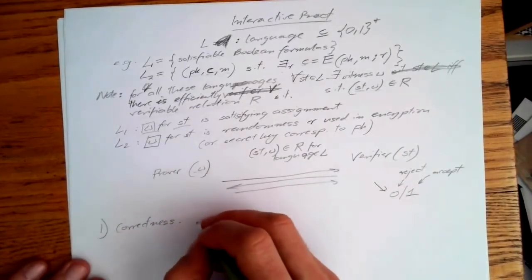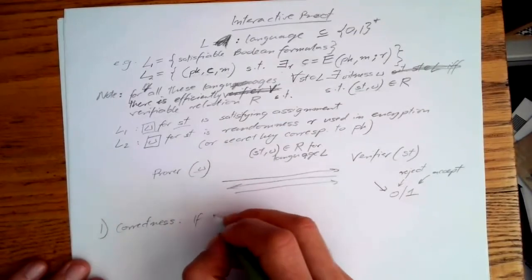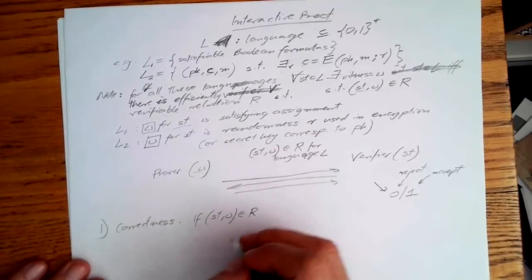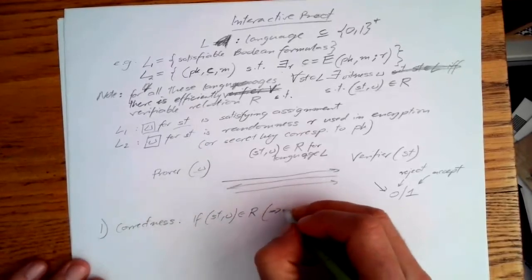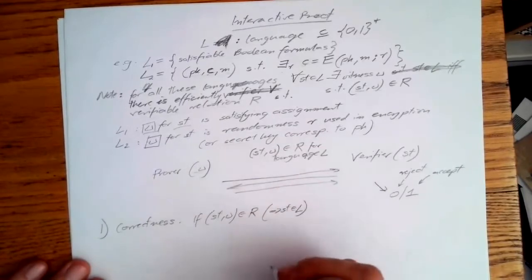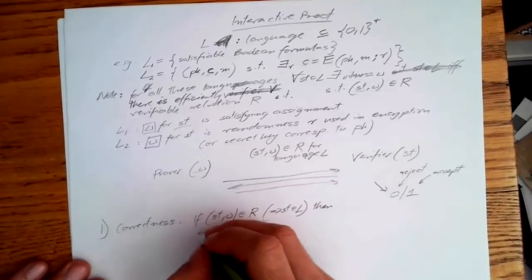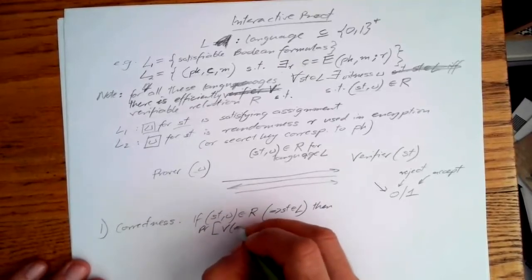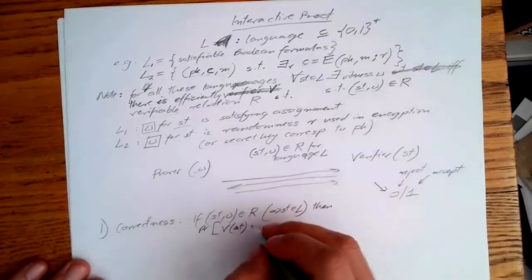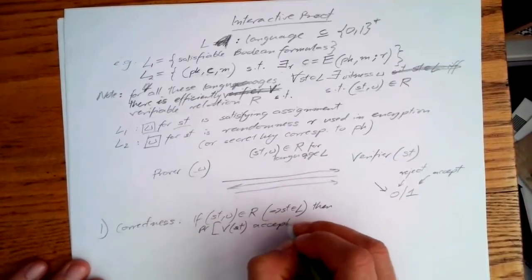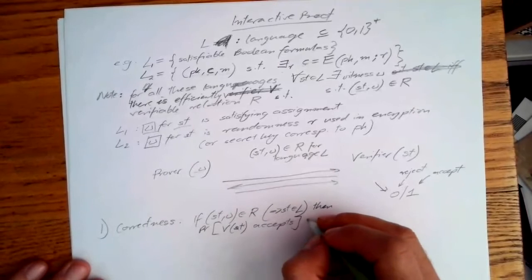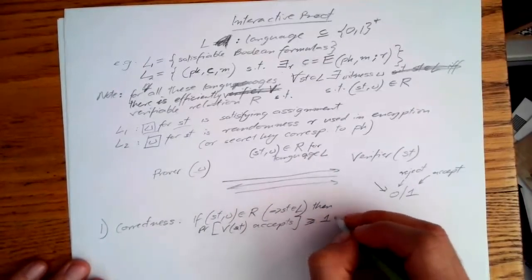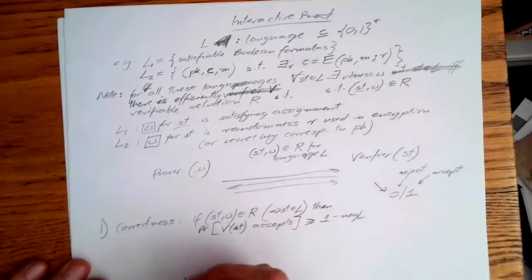That if the statement and witness are in the relation, and therefore the statement is in the language, then the probability that the verifier who runs on this statement as an input accepts is either 1 or it's 1 minus negligible.